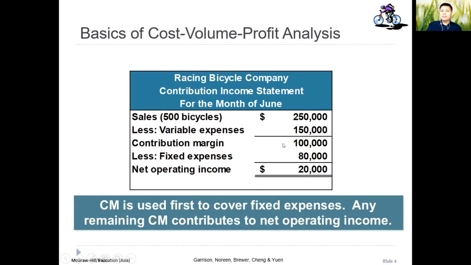Okay, so we say that the contribution margin recovers your fixed expense. After recovering your fixed expense, the excess would be your net operating income. That's why if your contribution margin is less than your fixed expenses, you would have a negative number here. All right?